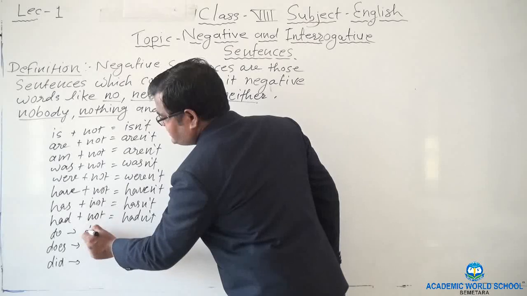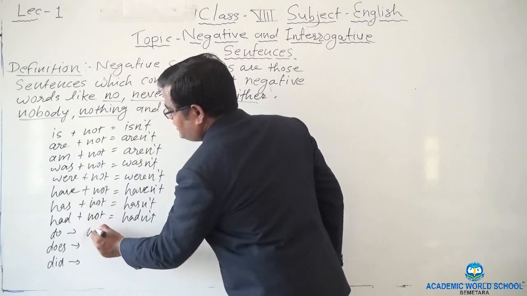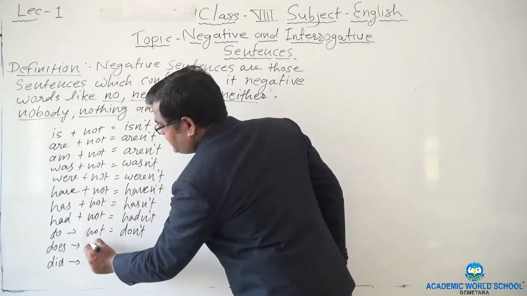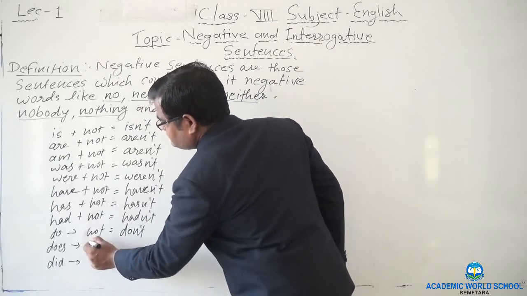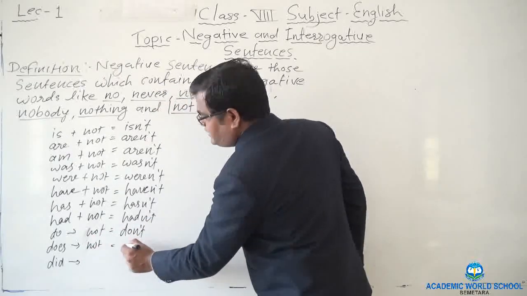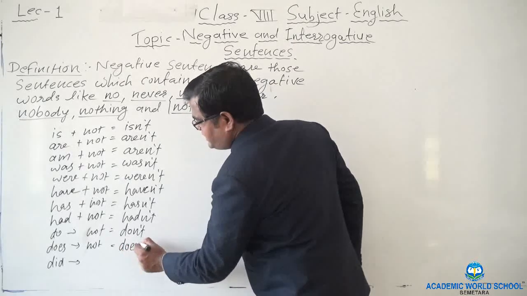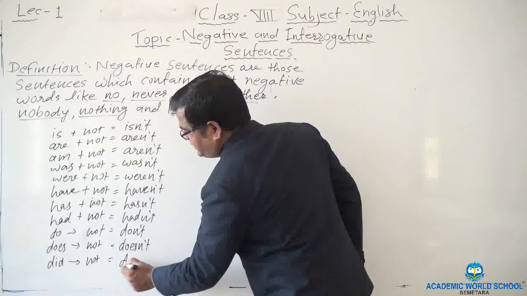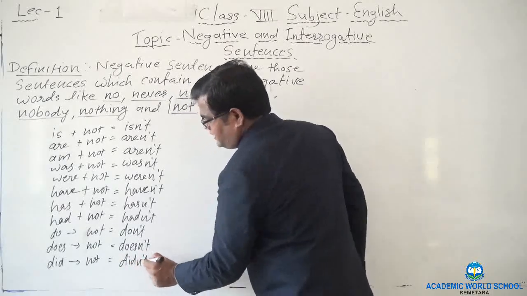Then here do plus not will be don't. Here does plus not, it will be doesn't, D-O-E-S and apostrophe t, and here did plus not will be didn't, right?